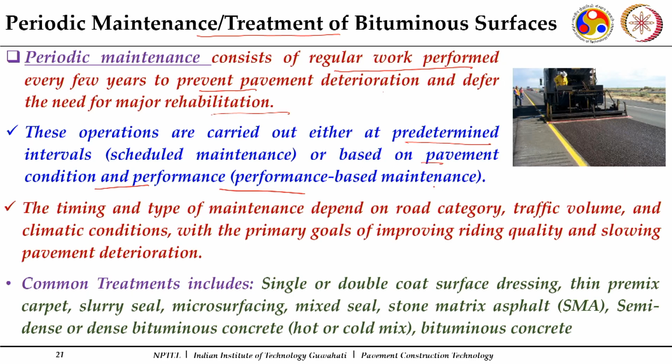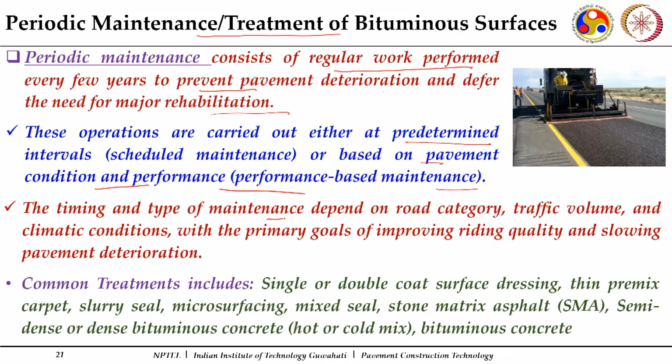This is important because certain activities may be planned at an interval of say 5 years, but if we feel from inspection that this needs to be done before that period, it has to be carried out. Otherwise, if we wait, the distresses will extend or become more severe, and the periodic renewal decided earlier may not be sufficient to address those distresses.